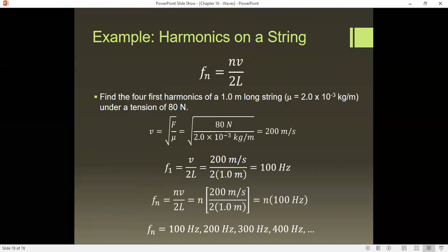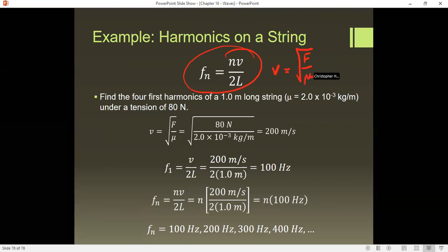Find the first 4 harmonics of a 1 meter long string with a mass per unit length of 2 times 10 to the minus 3 kilograms per meter under a tension of 80 newtons. So once again, we're going to use this equation right here, and we're going to find the velocity, which is equal to the square root of the tension divided by the mass per unit length.